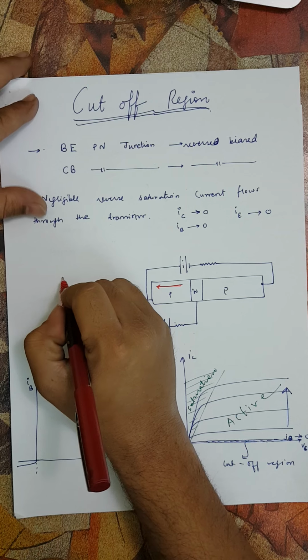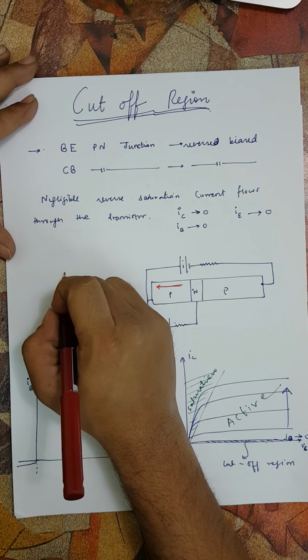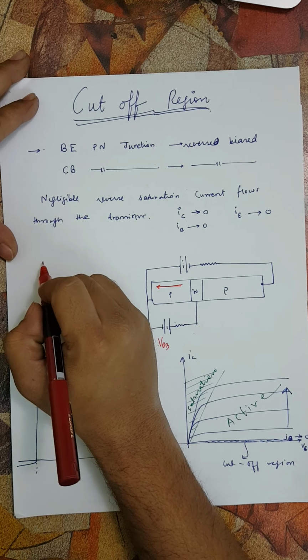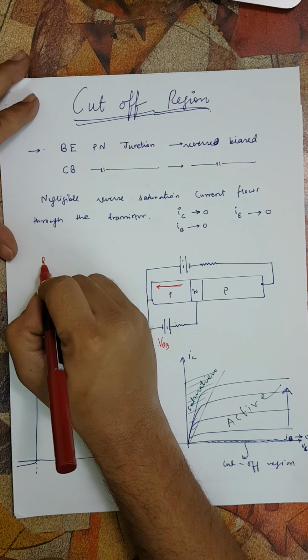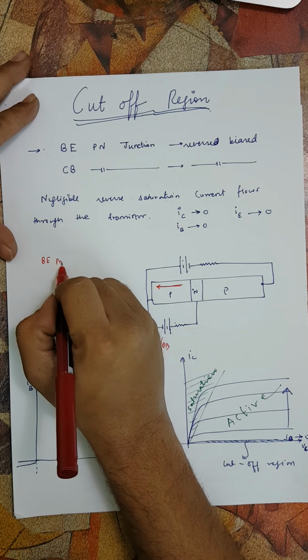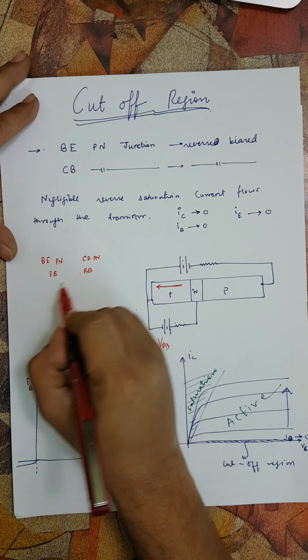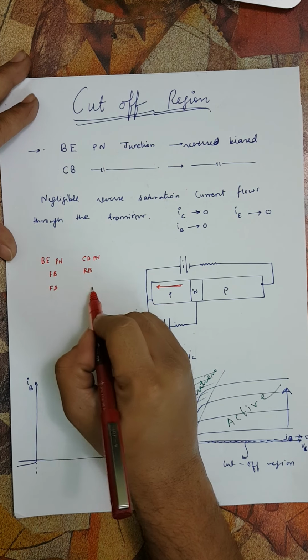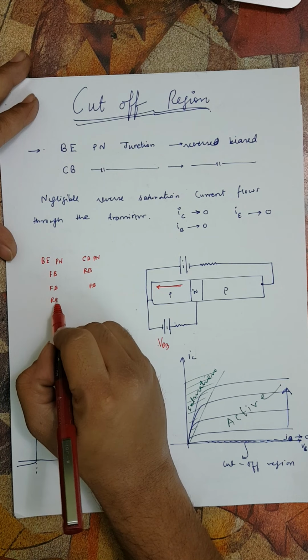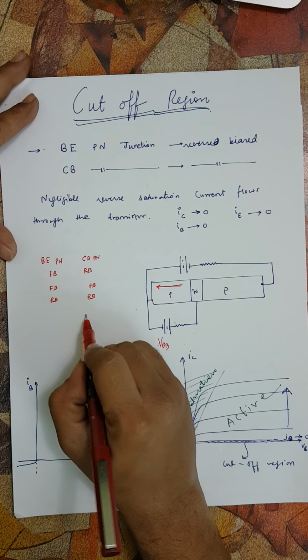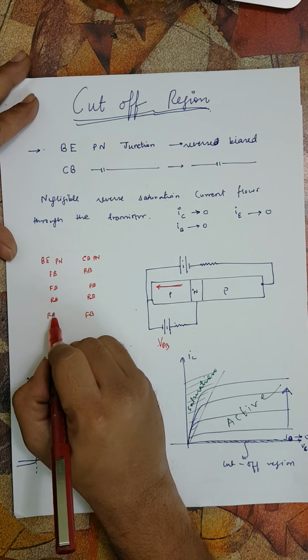So now we can say that there are 4 cases for the transistor. This is the base-emitter PN junction, and this is the collector-base PN junction, and the possibilities are: this is forward biased and this is reverse biased, or both are forward biased, or both are reverse biased, or this is forward biased and this is reverse biased.